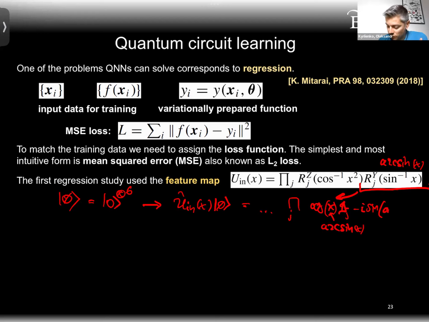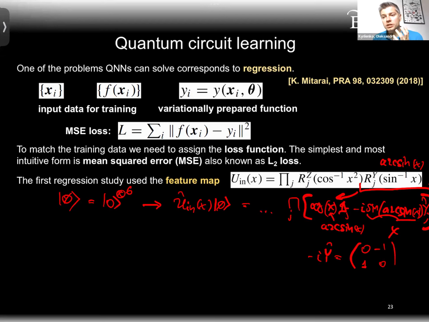And here it becomes sine of arcsine. Then I repeat it on all qubits. So sine of arcsine is easy, it's just x. Then I also have minus i Y Pauli operator, which once I multiply, I will get minus 1, 1. So it's a real matrix weighted by the variable x.